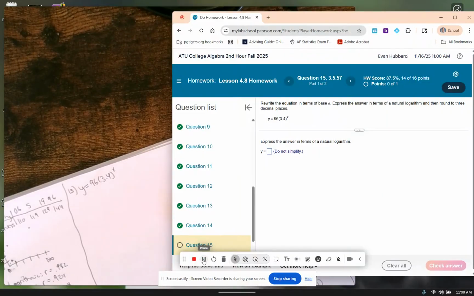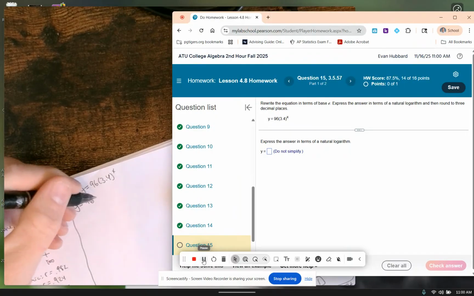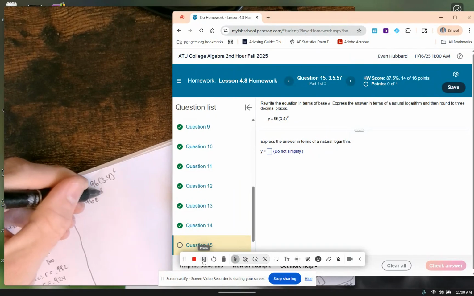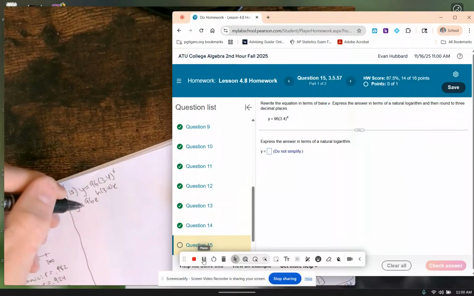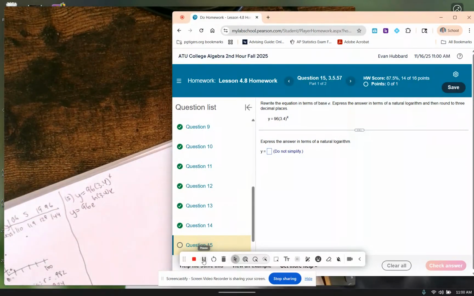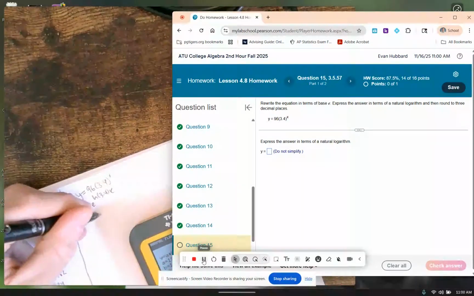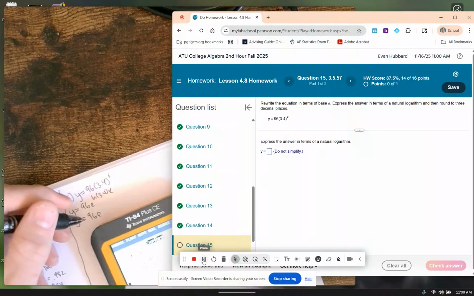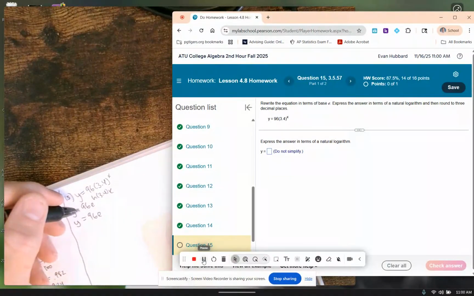So what you're going to do is keep the 96 the same, and then you're going to do e to the ln of 3.4 x. So you're going to take the ln of 3.4, so 96 e ln of 3.4 is 1.22. How many decimal places do we want?